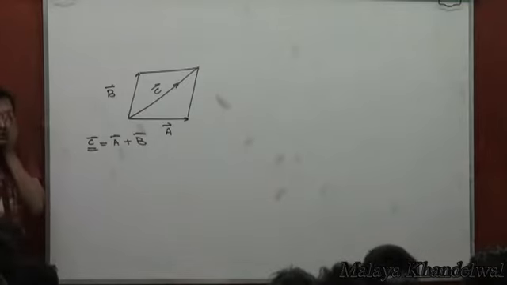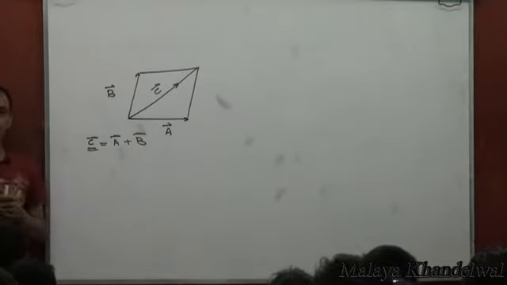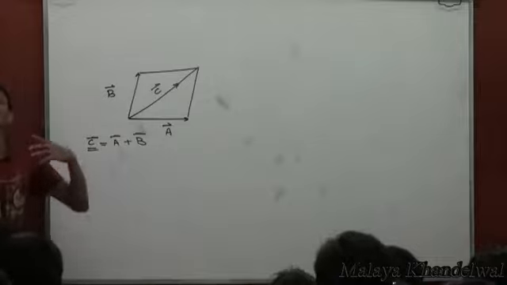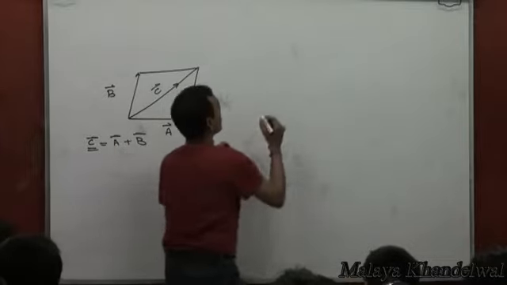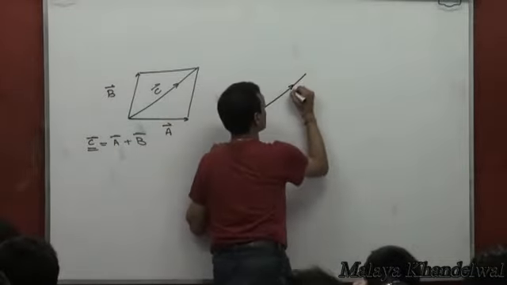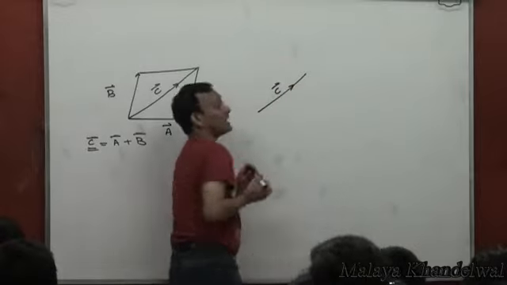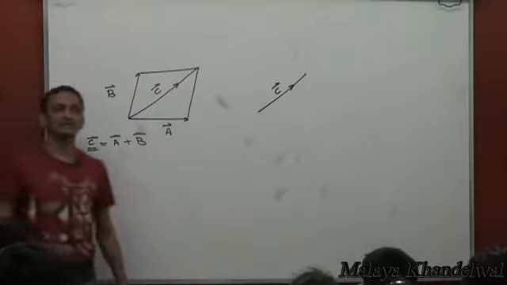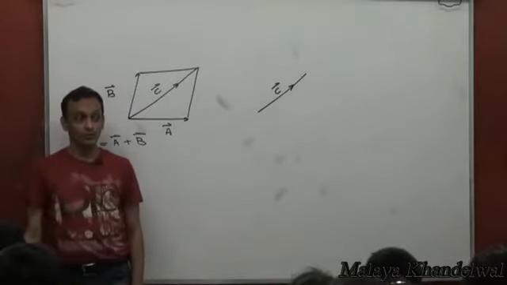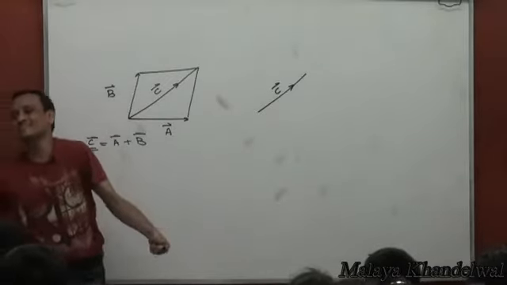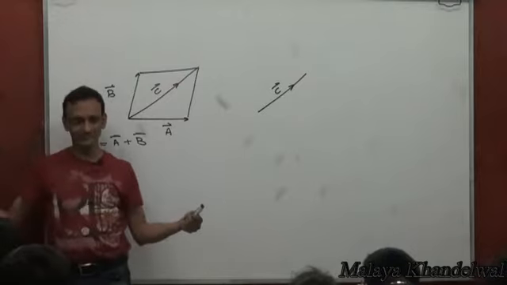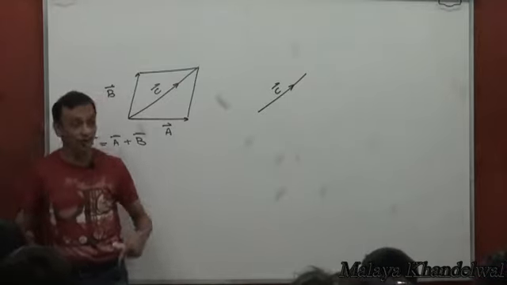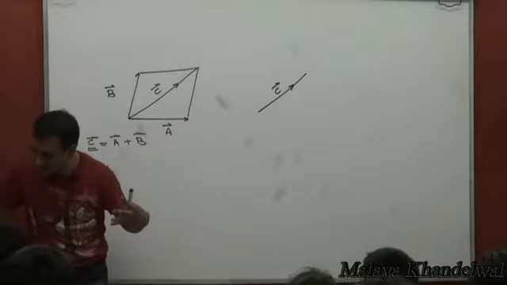Now, in case somebody gives you one vector C and inquires of what two vectors is C the resultant.